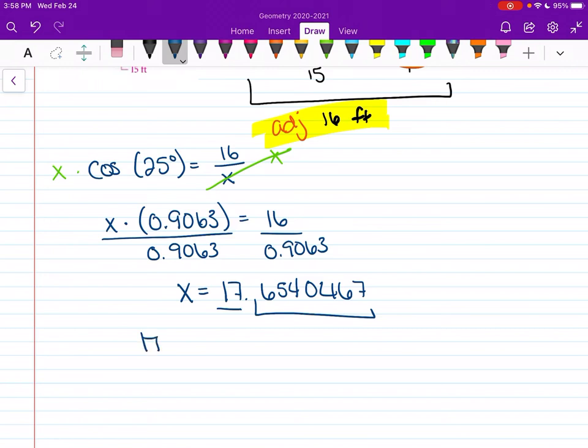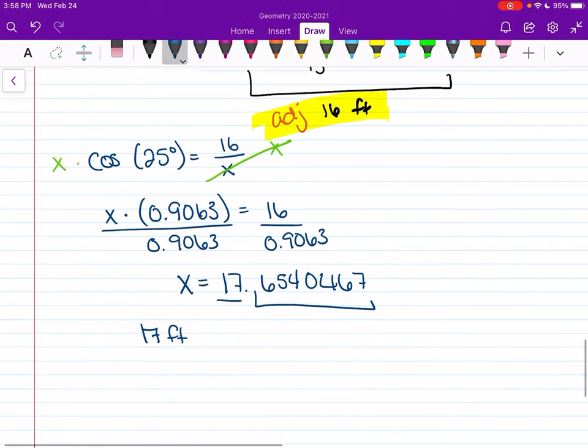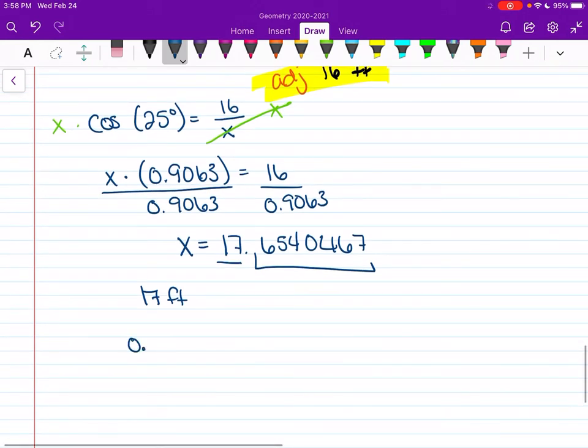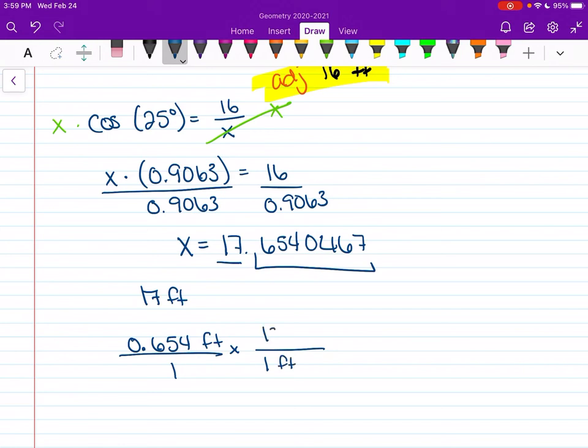So there's 17 feet. And then if I want to find how many inches that is, I have 0.654 feet times, I know 1 foot equals 12 inches. So times 12.